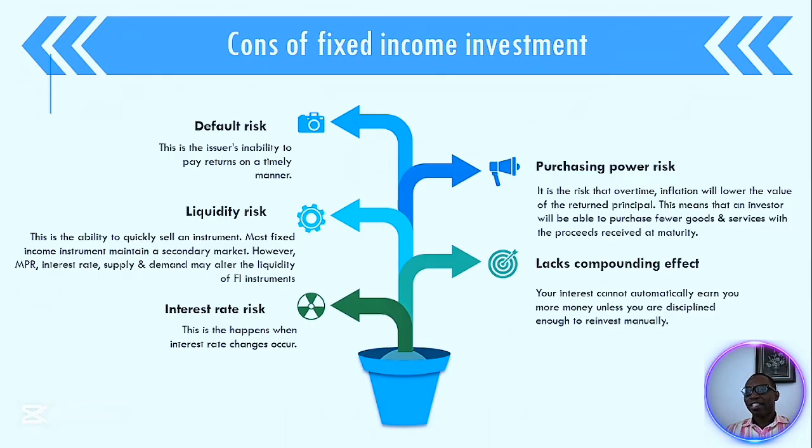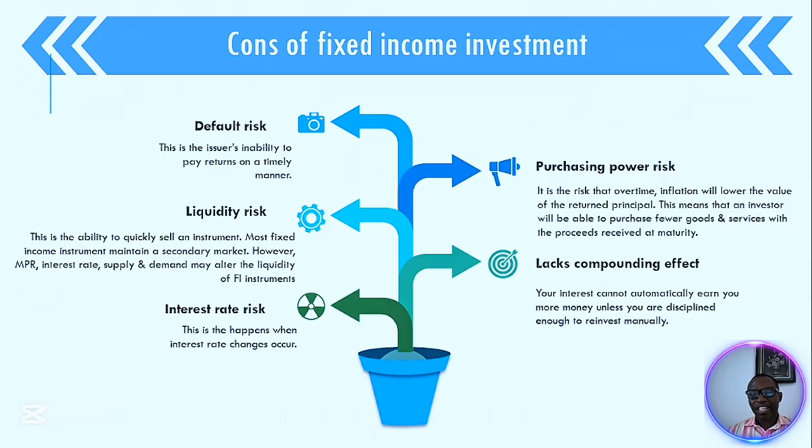This means that an investor will be able to purchase fewer goods and services with the proceeds received at maturity. But don't forget, you have also received your interests. So the goal with fixed income investments is don't leave your money idle in the bank and invest in an instrument that you know your capital is safe, your interest also is certain.